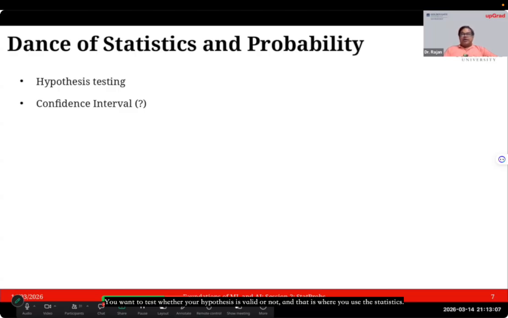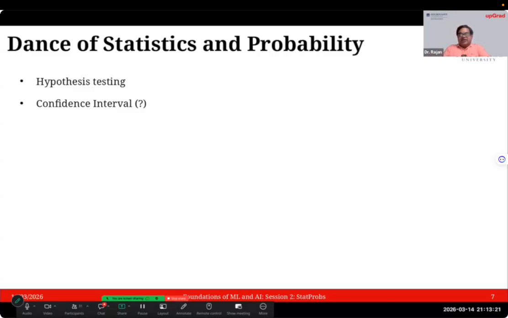And that is where you use statistics, because you have the data from the sample, and you use probability. What is the probability that my hypothesis is valid given this data? You calculate the probability.